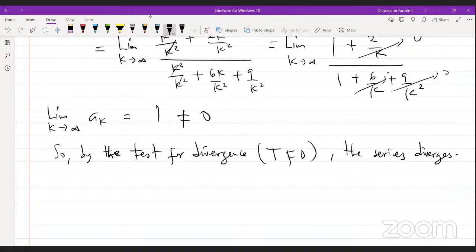Okay, I want to end this part by giving you some properties.